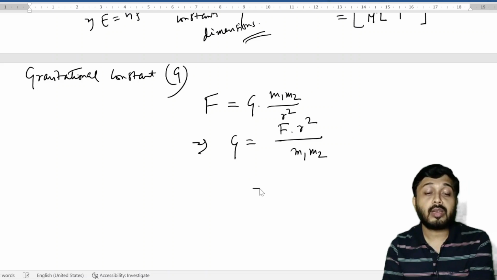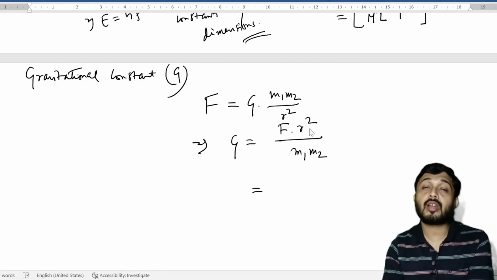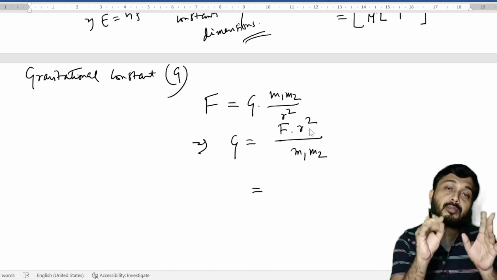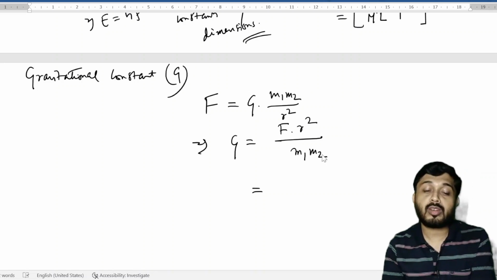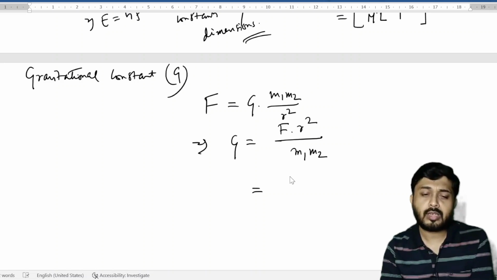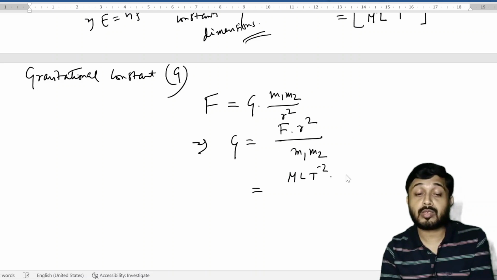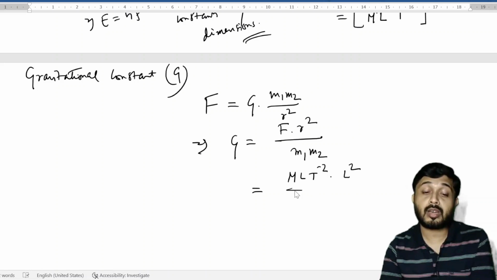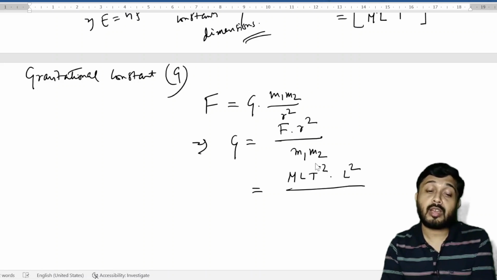Then write the dimensions. F is force. What is r? r is the distance of separation between the masses, point masses. m1 and m2 are just two masses. So in place of F you write M L t to the power minus 2. In place of r square you just write L square, because r is distance of separation. In place of m1 m2 you may write M square.